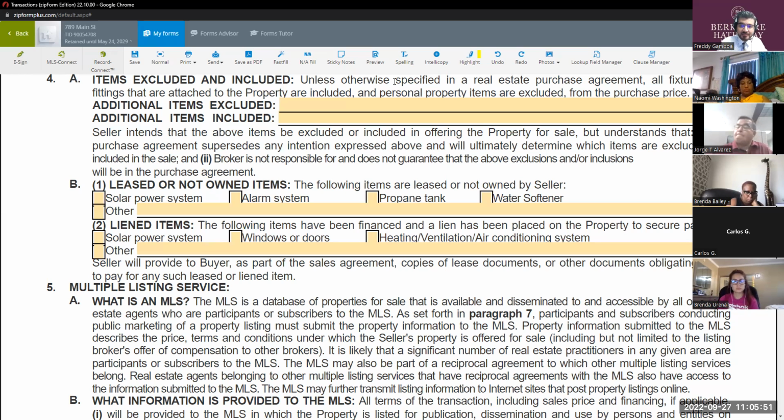Because if it does, you always want to ask, are those panels being leased or being liened? In other words, are you paying for them or renting them? Because if they're being rented, most likely they're in a contract, and when that contract expires or terminates, the company has to pick them up and take them away.